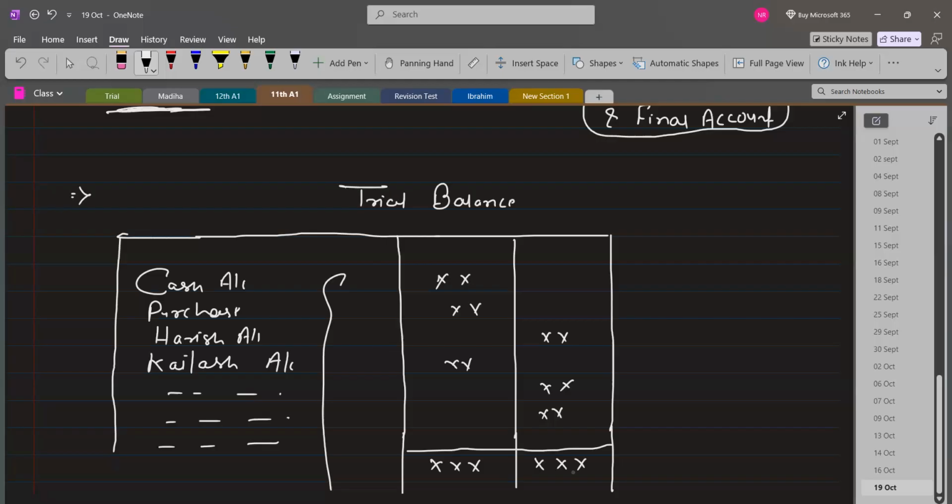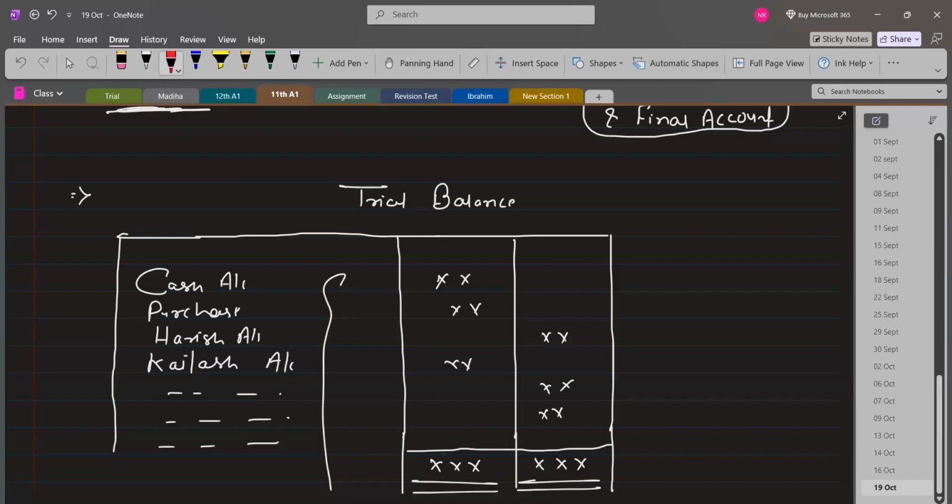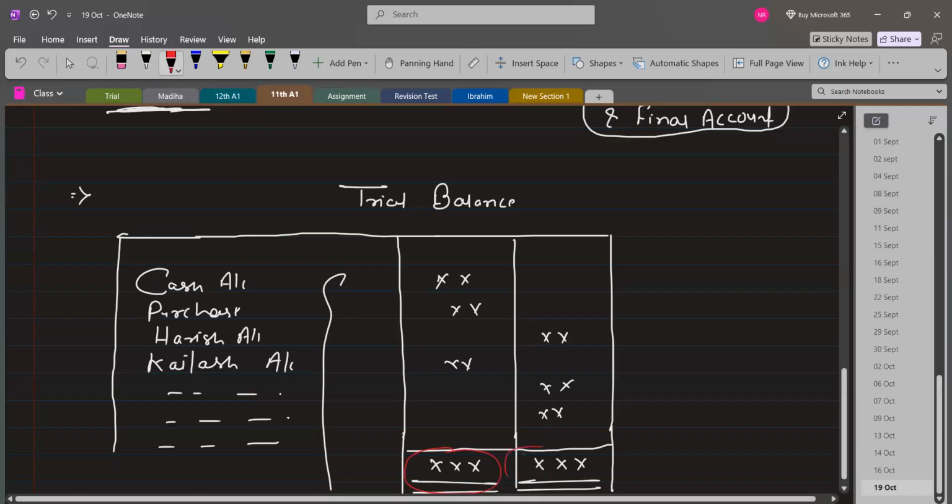Now, the problem is when we prepare trial balance, I just told you some of the errors will affect this total. Means that error will affect the total in a manner that it will not match. And some errors will not affect this total, like compensatory errors.